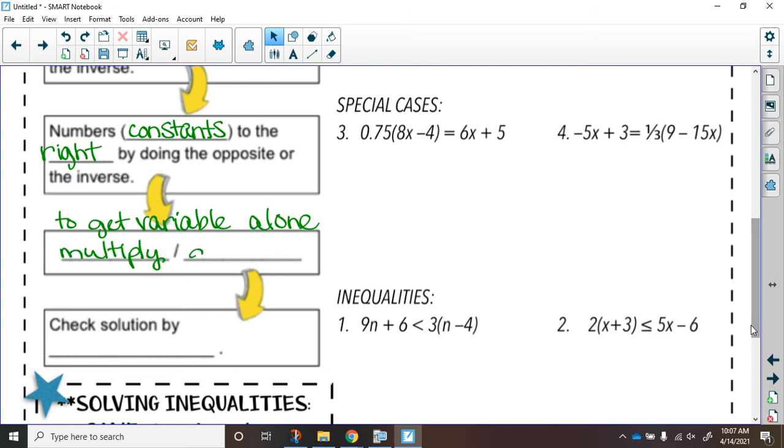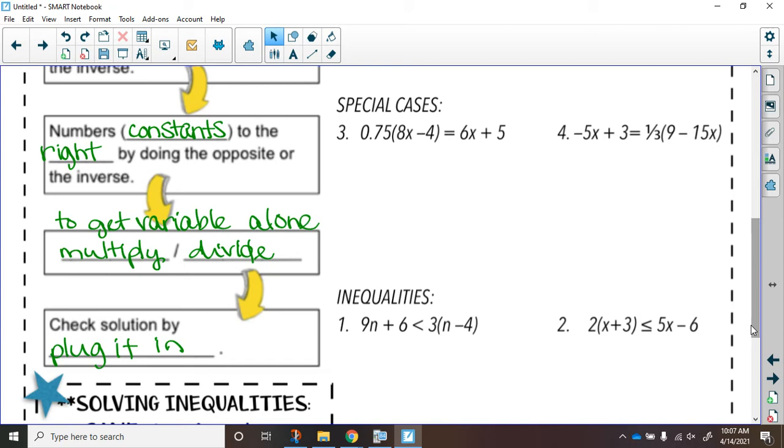Nine times out of 10, we will be dividing. And then we can check our solution by plugging it back in, or evaluating.